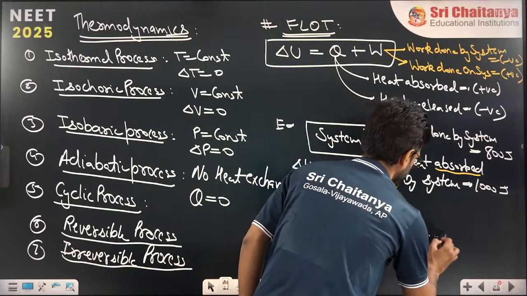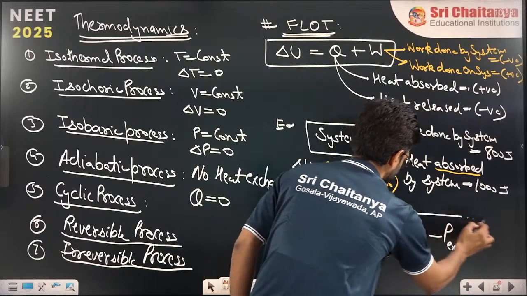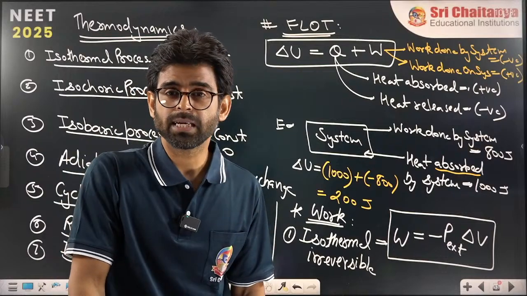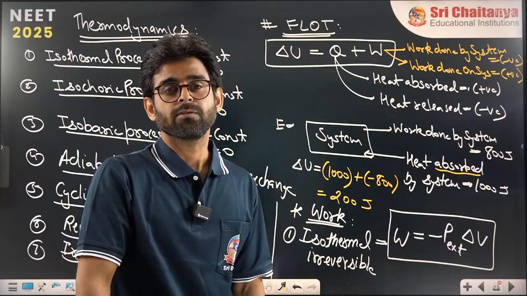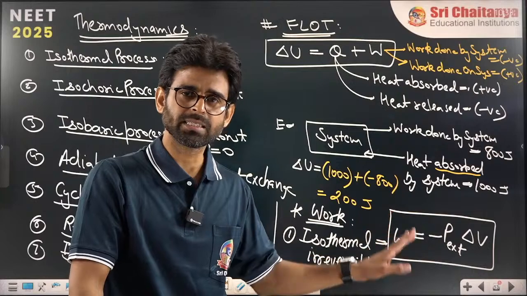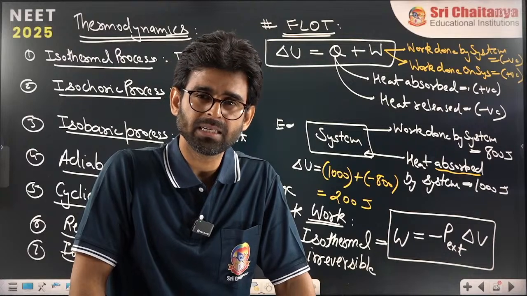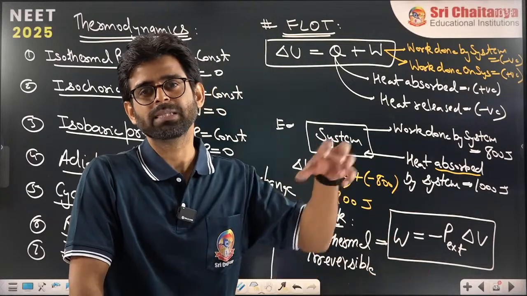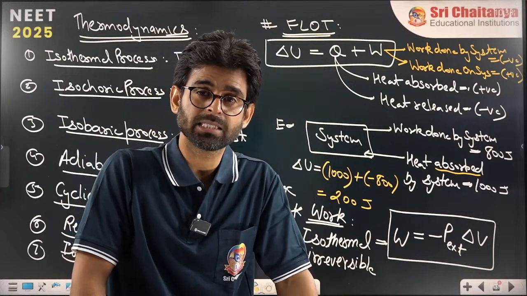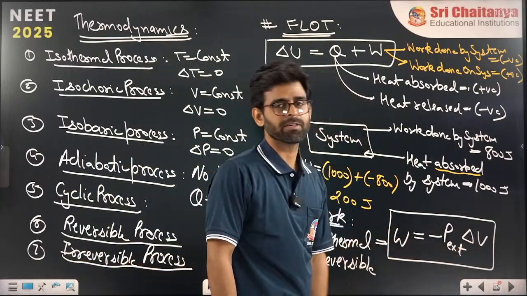It's minus of P external into delta V. Very, very important. Why am I using the minus sign? Just so that our formula will work with our sign convention. You just put the formula, the convention takes care of itself. So minus P external delta V. P external is the outside pressure, the piston pressure or atmospheric pressure, whatever they say. It is not the gas pressure, it is the external pressure, right? Clear?